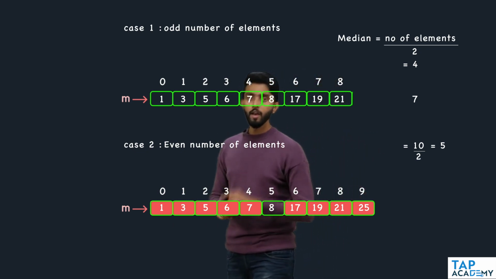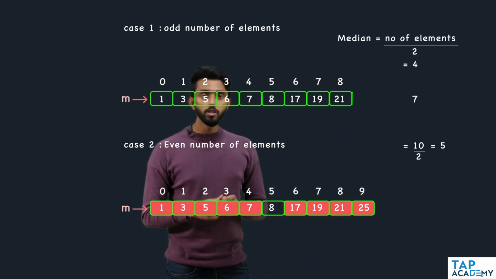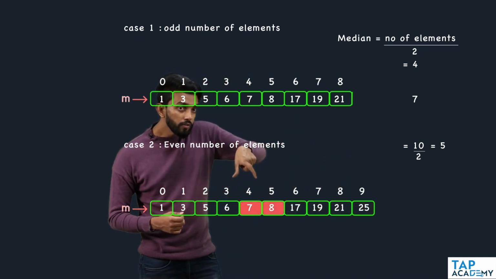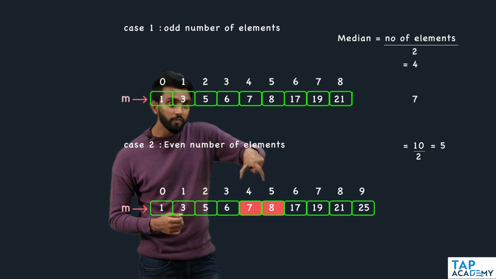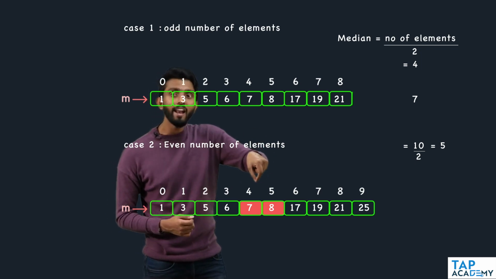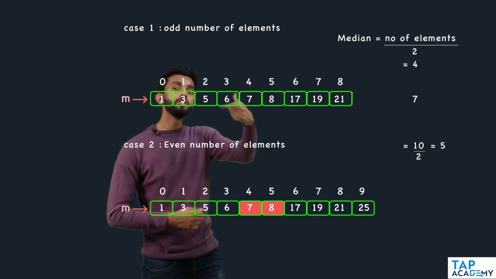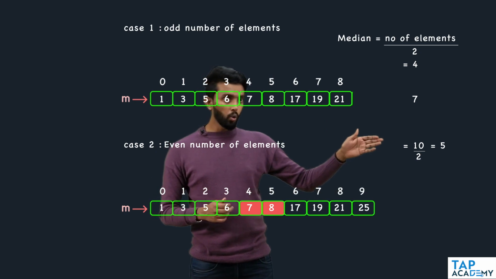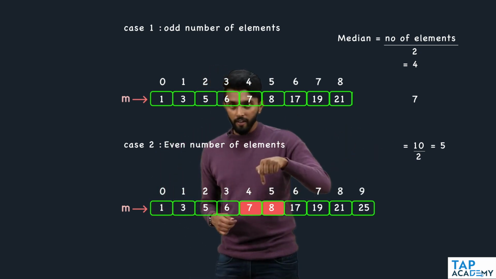So in such a case, what they ask you to do is find the average of these two numbers, the element at the 4th position and the element at the 5th position, 7 and 8. Their average is your median. Any confusion? So here also, you take the total number of elements divided by 2, you will get 5.